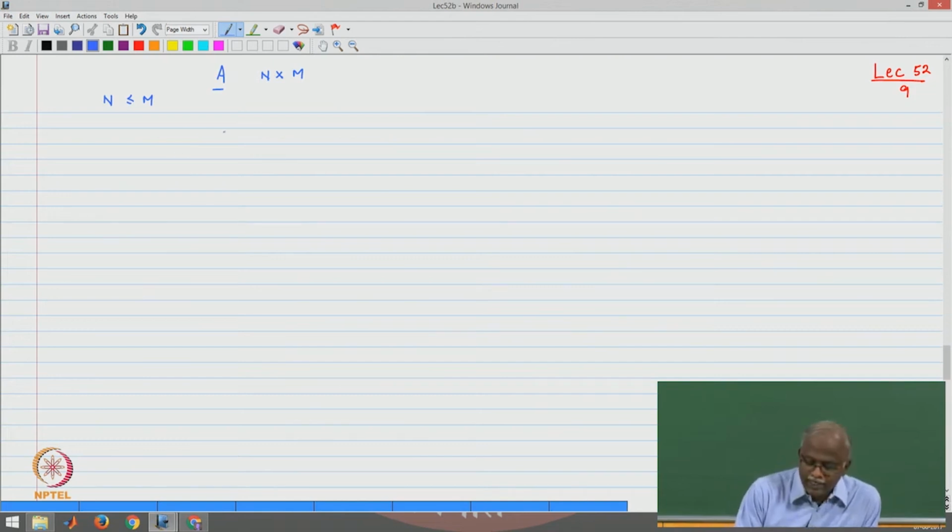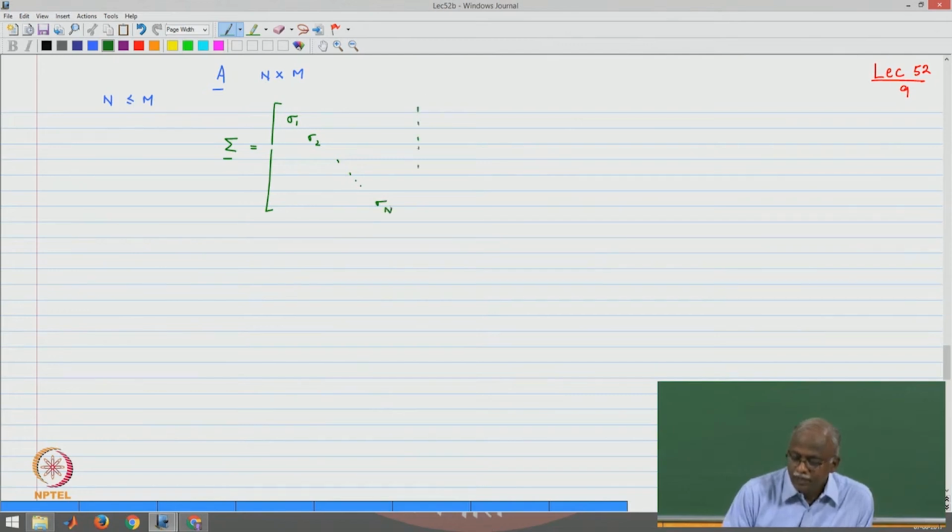The matrix sigma can then be given in the following form: it would be sigma 1, sigma 2, a diagonal matrix all the way to sigma n, and since the number of columns is more than the number of rows, the rest of the entries would be 0.